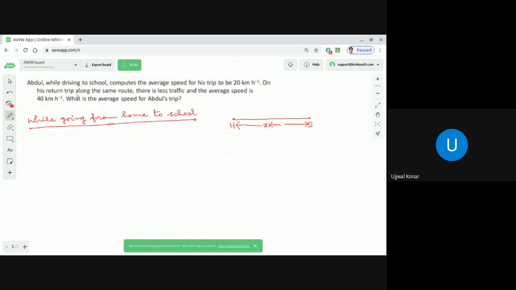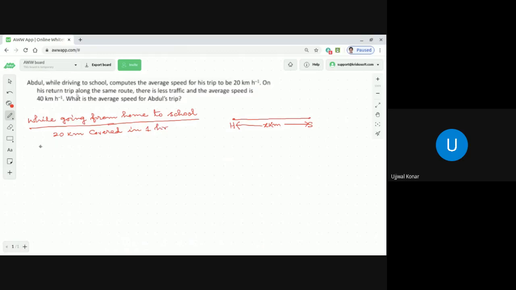Let's find it out. 20 km covered in 1 hour.